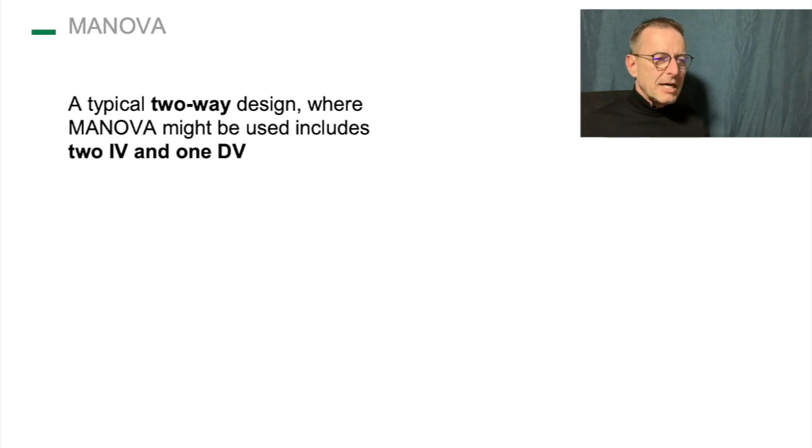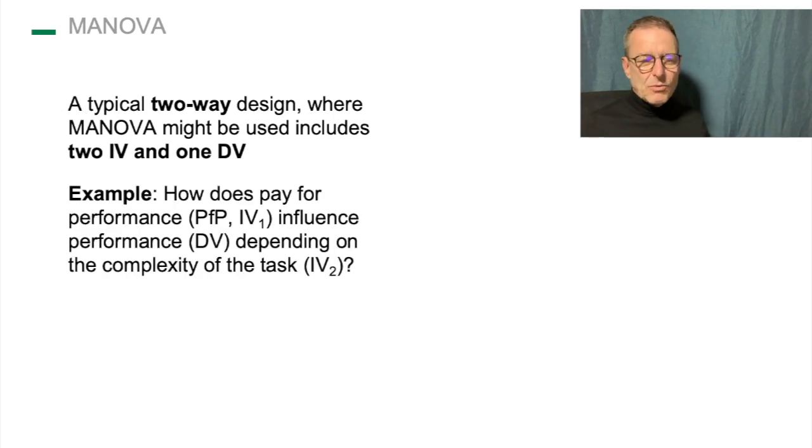For instance, in the area I work, organizational behavior, human resource management, there is always this question of does money have an effect on performance, right? Variable pay, for instance, pay for performance, contingent reward, and so on. It's a very interesting field.